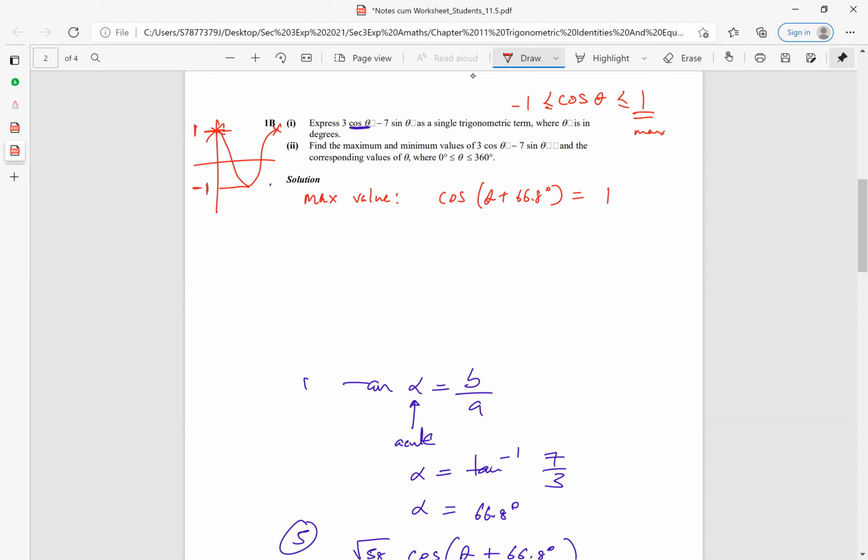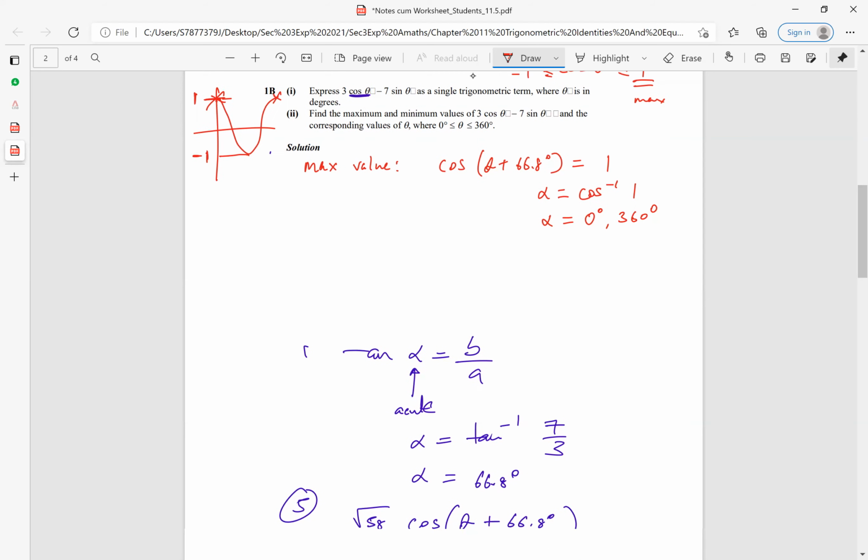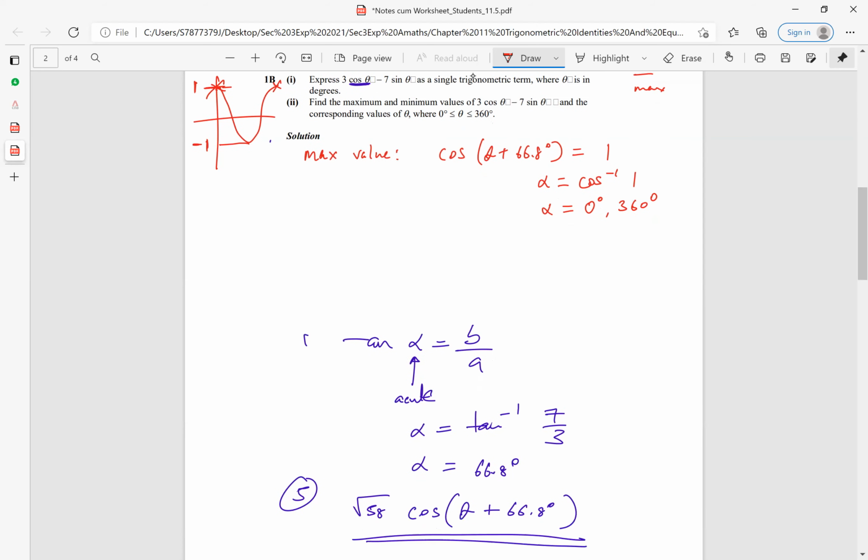So your alpha, cosine inverse 1, what do you get, guys? You should get 0 and 360. So what is alpha then?